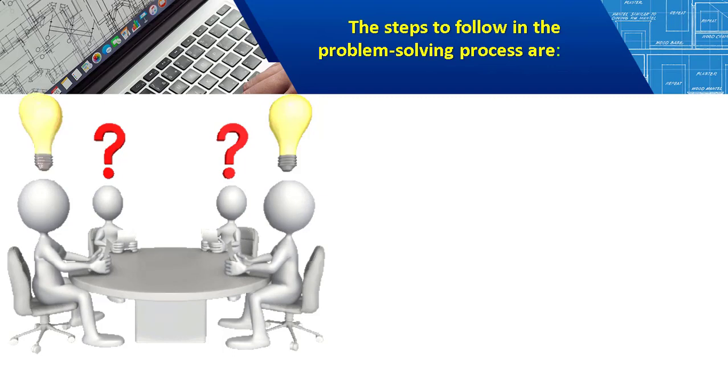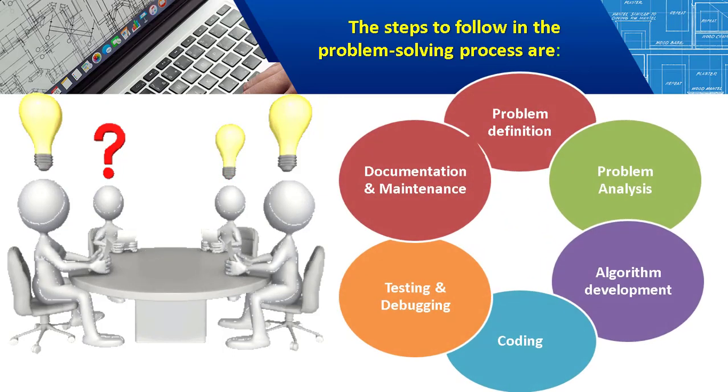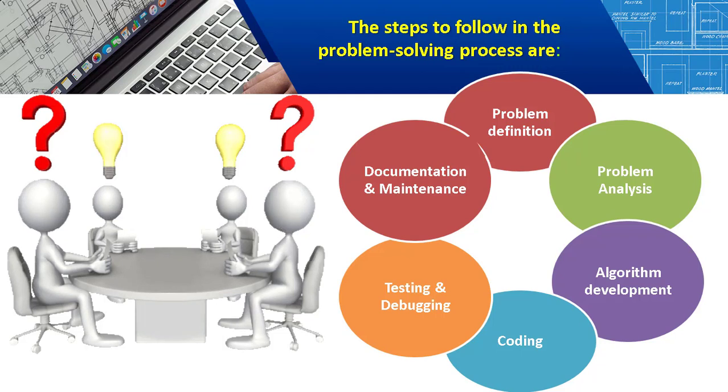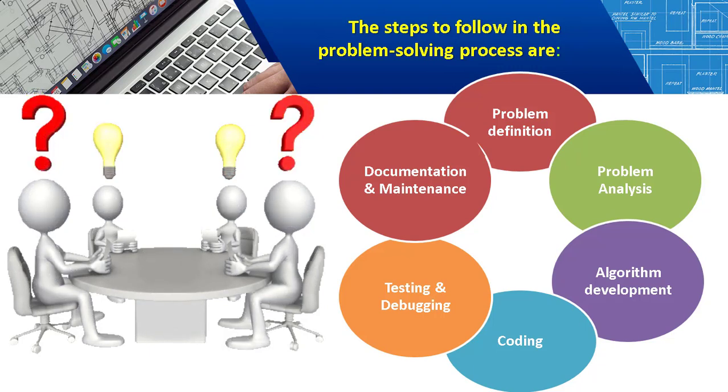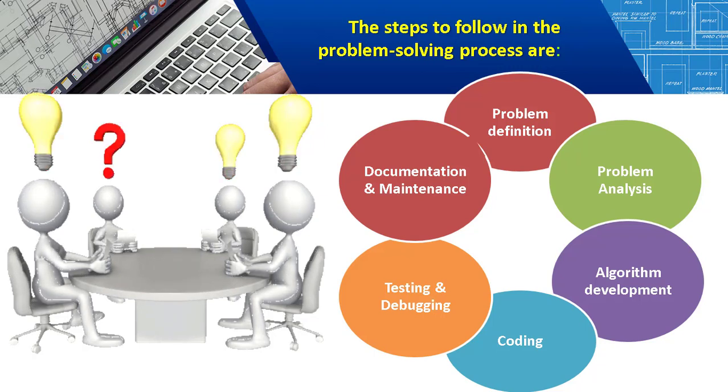The different steps are: problem definition, problem analysis, algorithm development, coding, testing and debugging, documentation and maintenance. These are the different steps, also known as stages, in order to solve the problem.